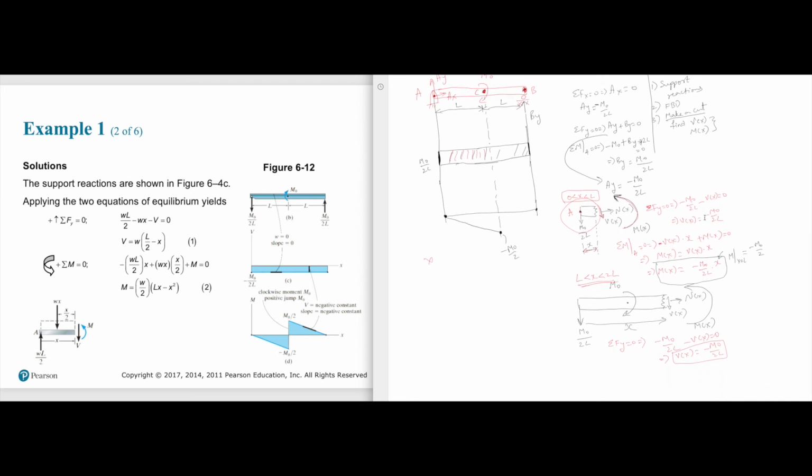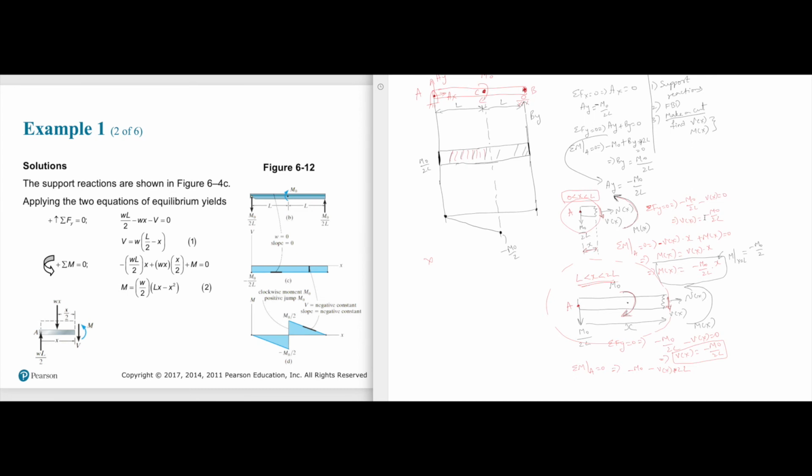What is sigma M with respect to A equal to 0? This is A. Implies negative M naught, negative V of x times 2L, isn't it? With respect to A, this is clockwise, so it's negative, and V is having a clockwise moment.